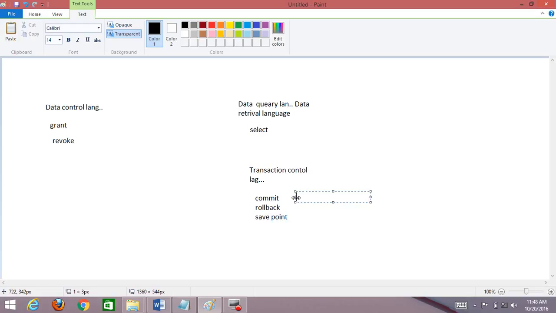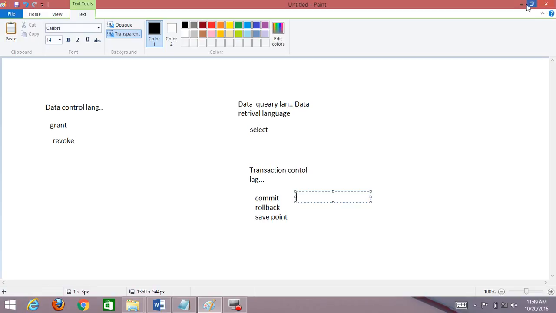Data query language: only the select command. Transaction control language: commit, rollback and savepoint. Data control language has only two commands, grant and revoke, giving the permission and canceling the permission.